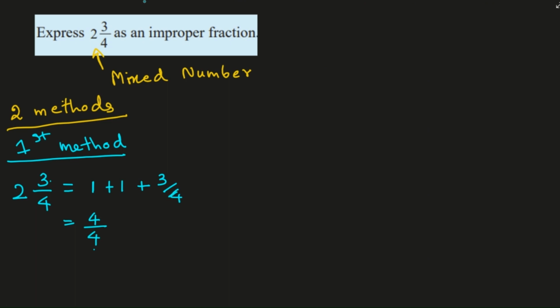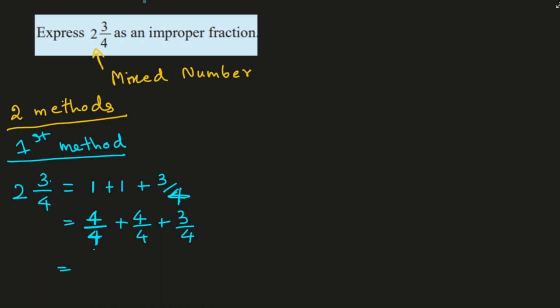The reason is, in the proper fraction part, the denominator is 4. That is why I am writing this 1 with 4, right? And the second one also can be written as 4 upon 4 plus 3 upon 4.